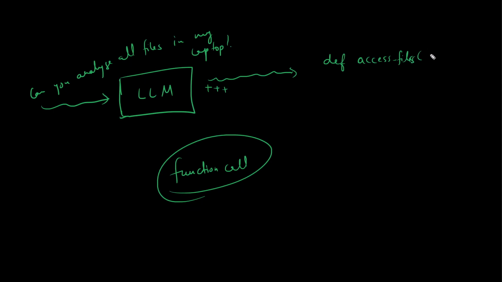In this function, you write all the code necessary to access a file, and it's pretty easy to write. Then you inform the LLM about what this particular function does.